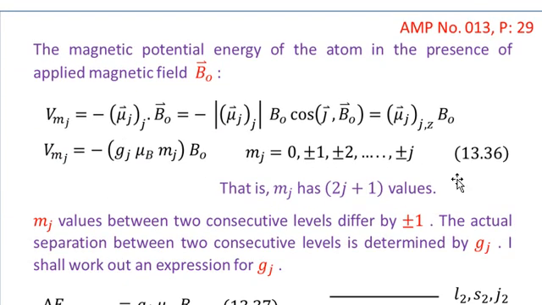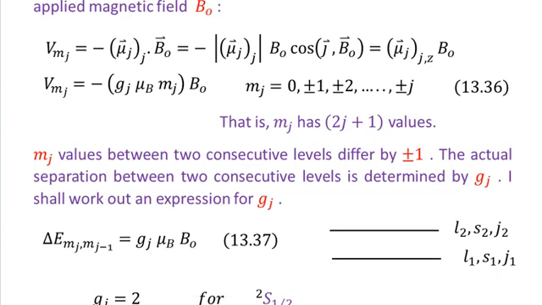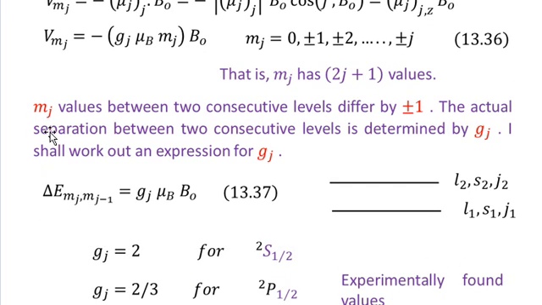That is, when J is an integer, Mj will change by integer values, so 0 is included: 0, plus minus 1, plus minus 2, up to plus minus J. So the maximum value of Mj will be equal to J. That is, there are 2J plus 1 values when J is an integer. Mj values between two consecutive levels differ by plus minus 1.